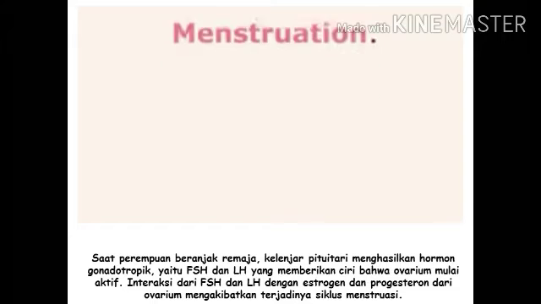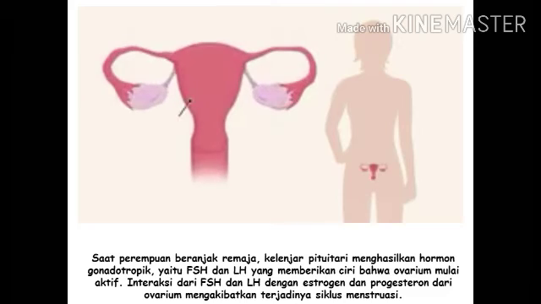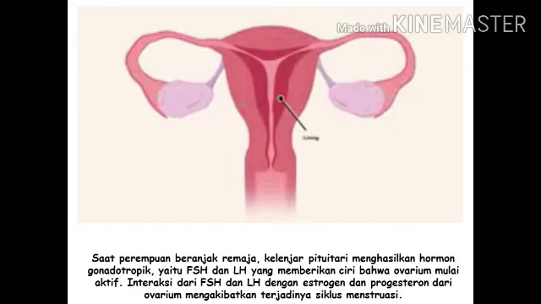The interaction of FSH and LH with estrogen and progesterone from the ovaries results in a menstrual cycle. Estrogen and progesterone are hormones of girls or women.